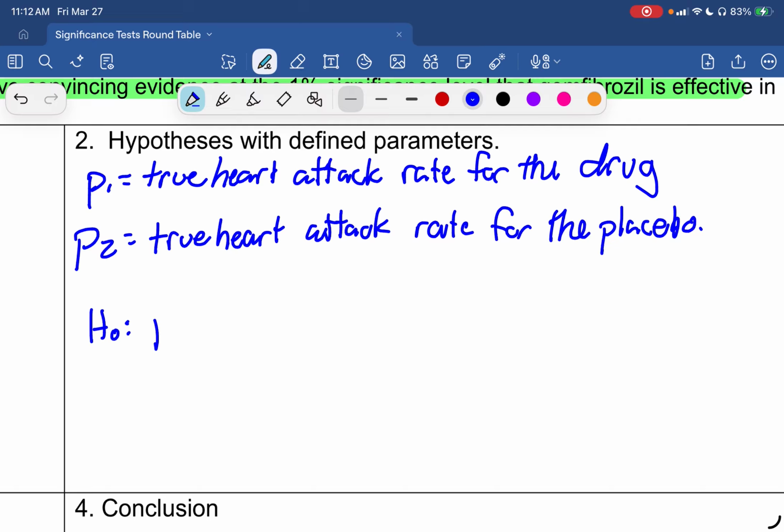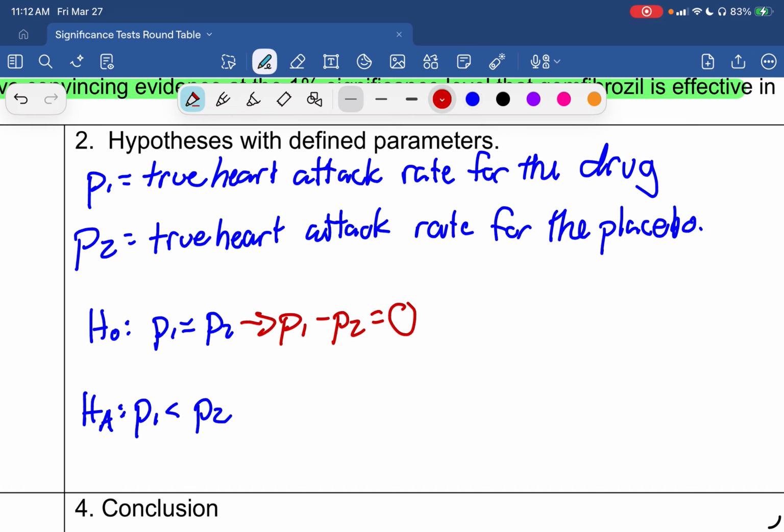That's for your alternative. Got ahead of myself. We know that the null is always that they're the same. Sorry, my bad there. Not going to restart all of this for that. That was our alternative. Our alternative is saying that we want P1 to be less than P2, meaning P1 minus P2 should result in less than 0.